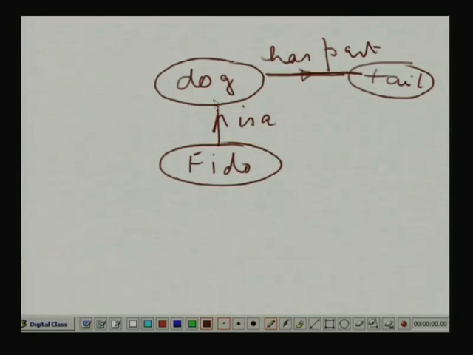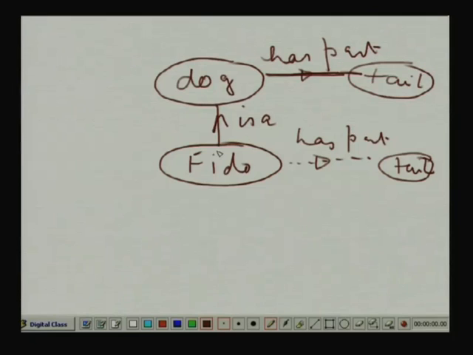Now, Fido is a dog and has part tail is fine. So if I look at Fido, then I will inherit this and I will say it also has part tail. But if it is said that no, Fido is a specific dog, this is an instance, right?